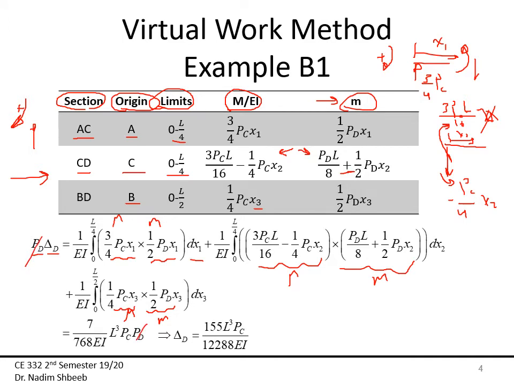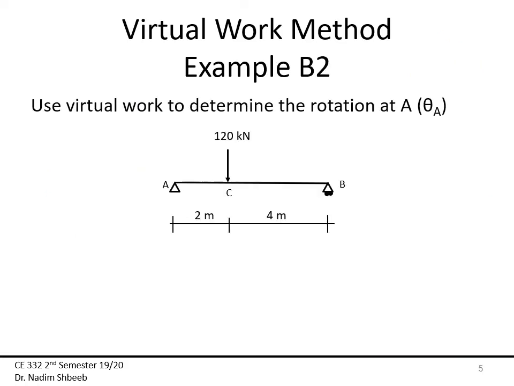So now delta D is 155 L cubed PC divided by 12,288 EI. Now, since PD is going to cancel all the time, I'm just going to use the virtual force as 1 kilonewton. Because we know it's going to cancel out, and it's a lot simpler carrying the 1. With that, let's do another example.